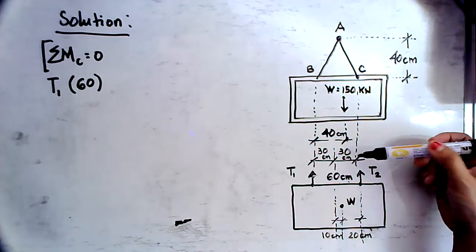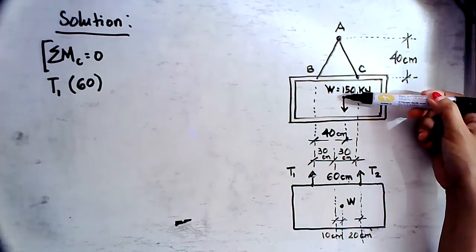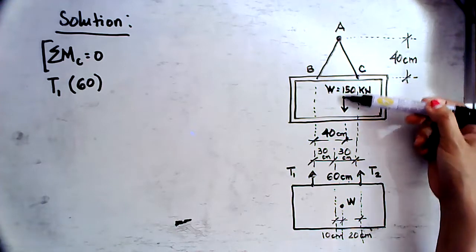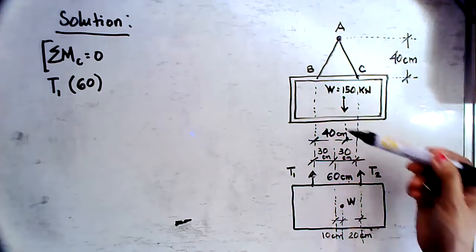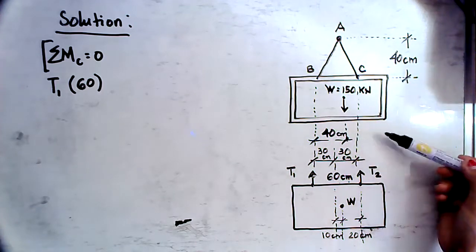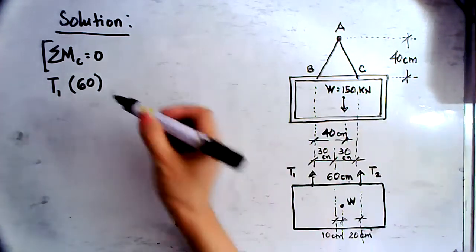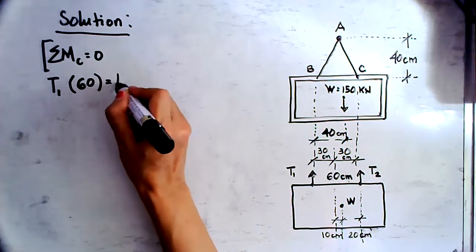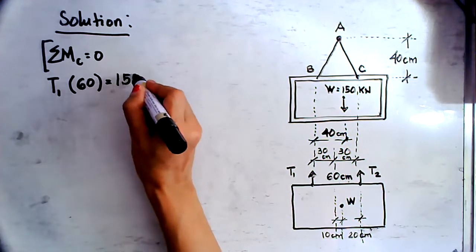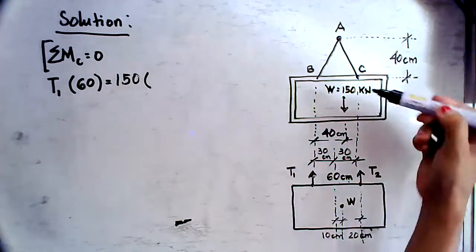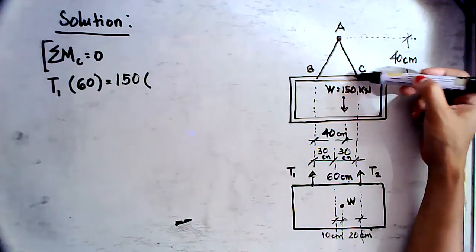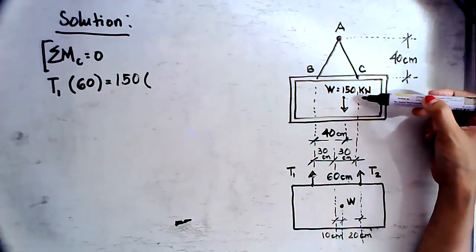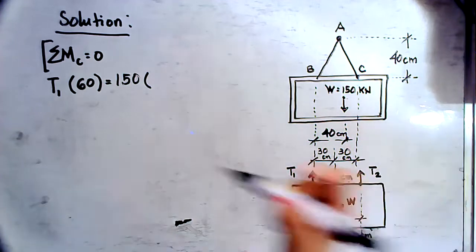And then take note that you have the weight here, which relative to point C will be going in the opposite direction, the counterclockwise direction. So you would have 150 kilonewton, and you multiply it by the distance from point C, which is actually 20 centimeter.